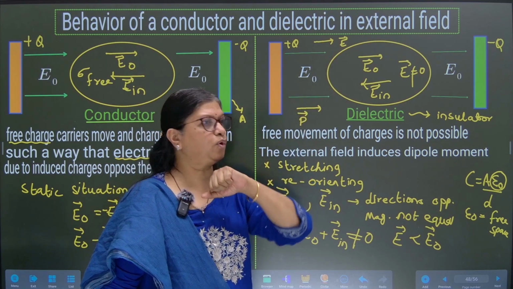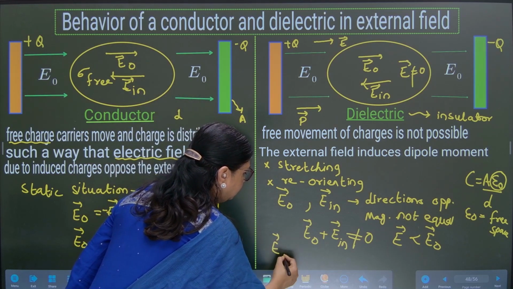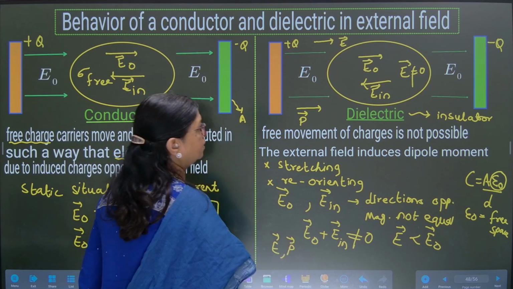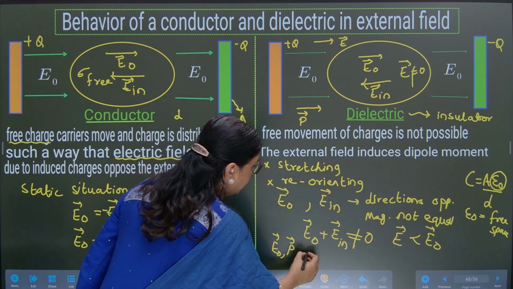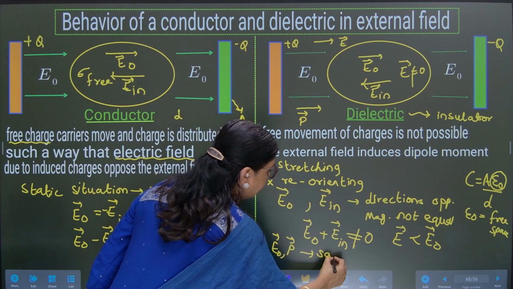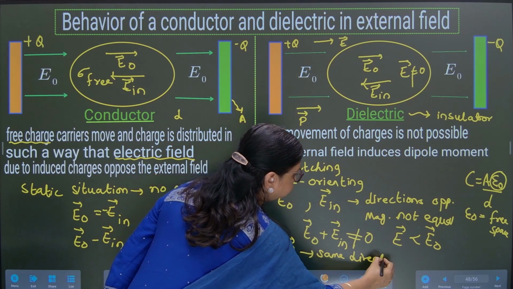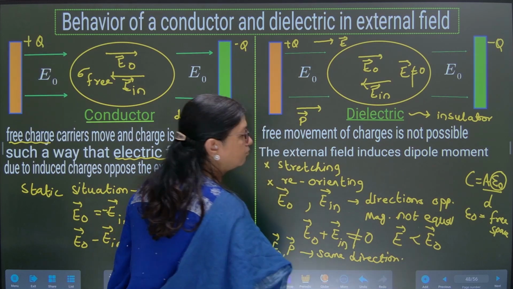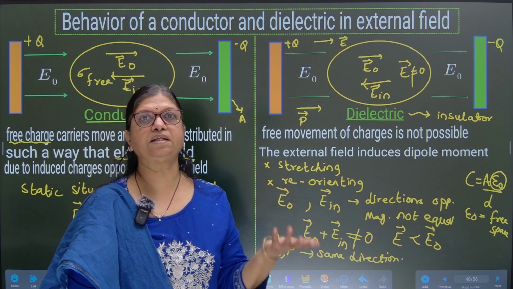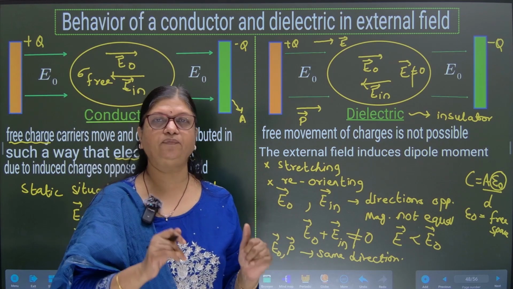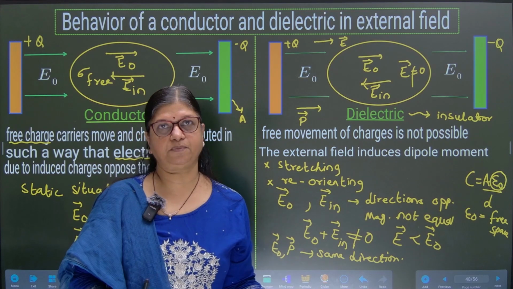These are small points which you have to remember. E naught vector and P vector have the same direction. That means dipole will be there, so polarization will happen. We will learn about that also in detail in the next page.